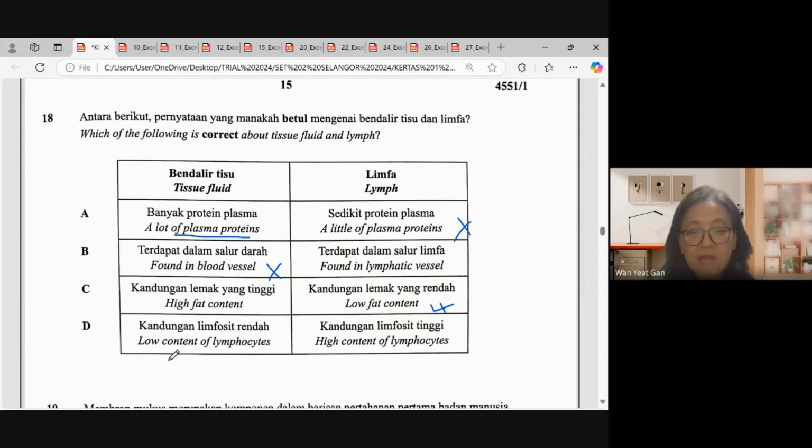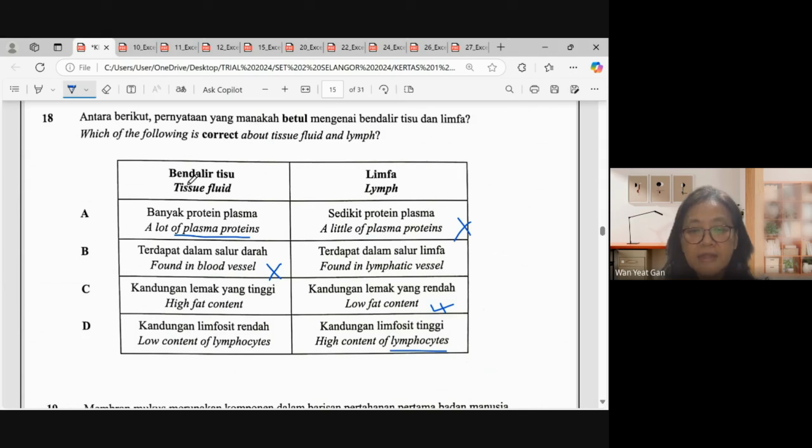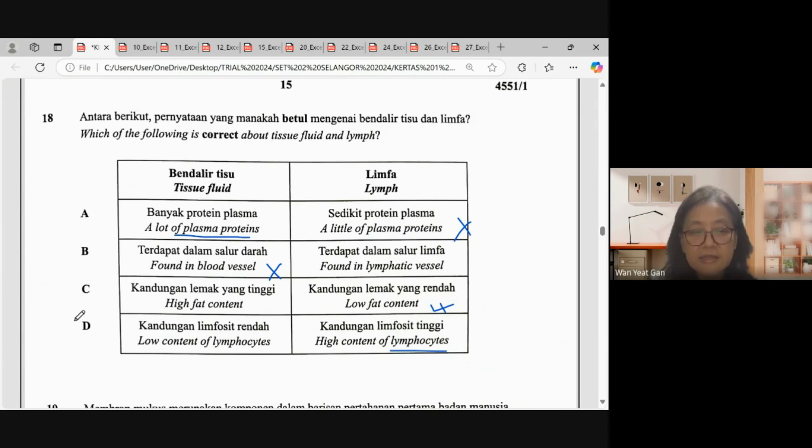Tissue fluid has a low content of lymphocytes compared to lymph because the lymphatic system has lacteal and lymph nodes that produce antibody. So therefore, lymph node has a lot of lymphocytes which produce antibody. So the answer is D.